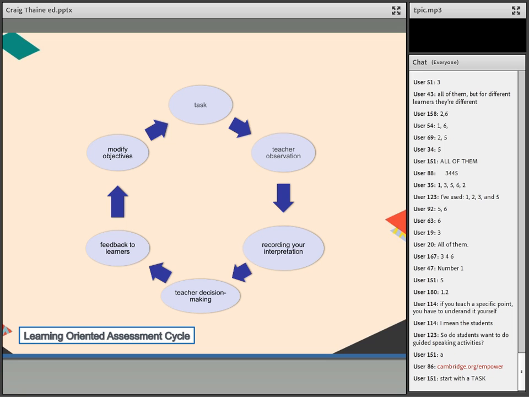So obviously we're going around in this loop, but I think it's interesting in the LOA cycle to note the degree to which the teacher is observing, making a note of things, making decisions, and providing feedback. And the advanced level learners that I spoke to were very, very interested in that kind of teacher behavior. They want the teacher to be engaged in that way during the course of the lesson.